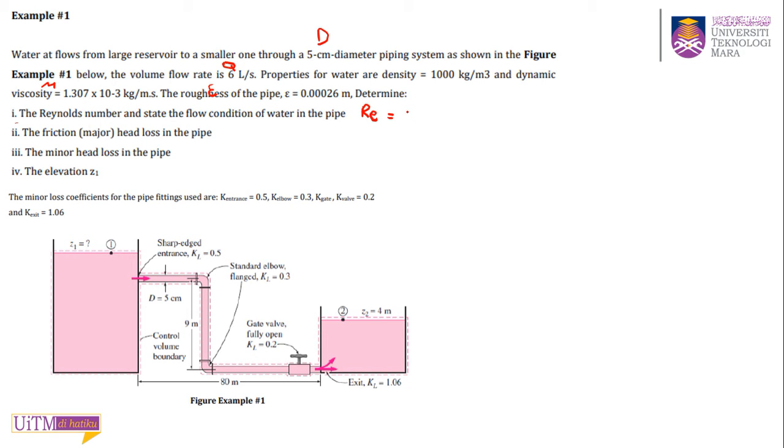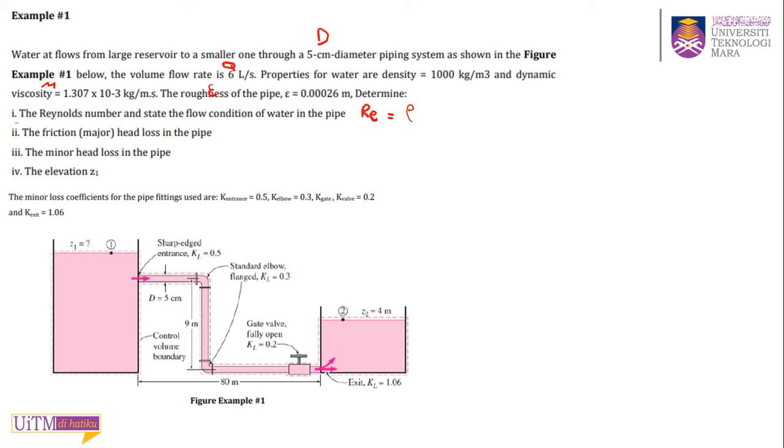Okay, but what is the formula that we can use to answer this question? You are right, inertial force divided by viscous force. Correct. But it will not help you to solve this question. What is the equation for Reynolds number?